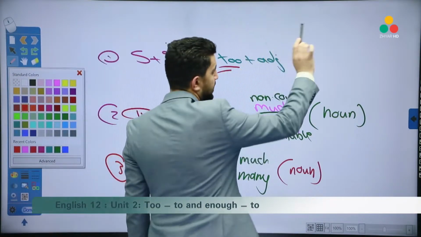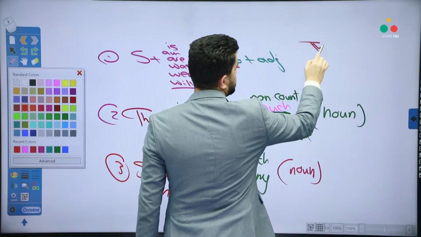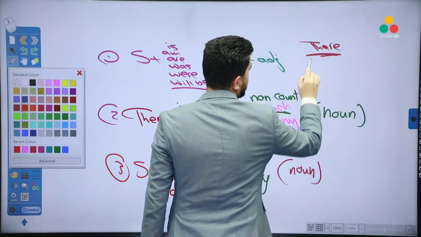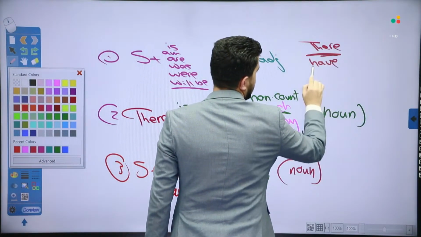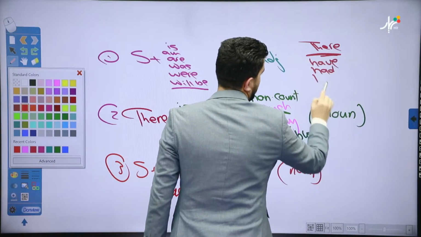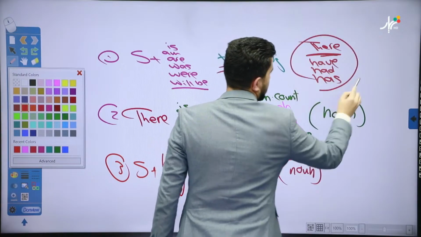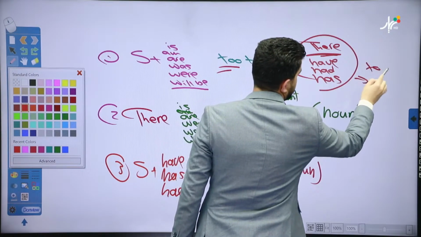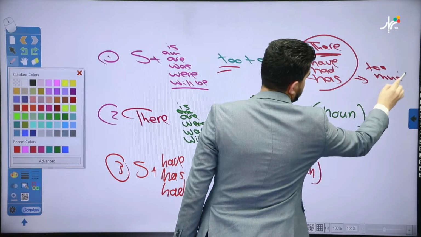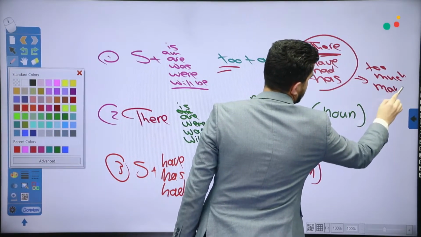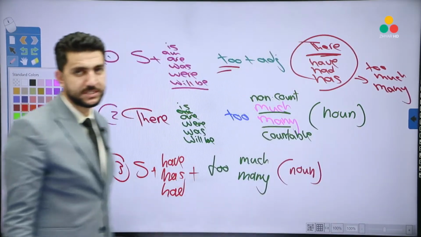Take this note. We have too much and too many when we have the word there, or when we have the verb to have, had, or has, okay? In this case, we use what? Too much or too many. Take this note, please.